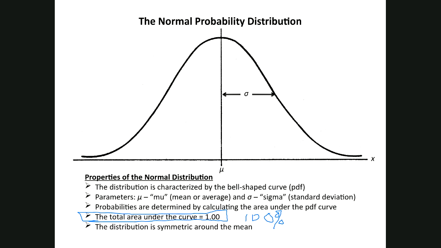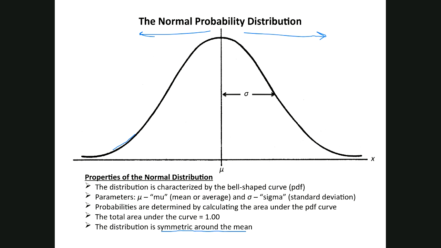And then the next fact, as you can see from the distribution, is that it's symmetric around the mean. And what does that mean? That means that the shape is a perfect mirror image to the left of the mean and to the right of the mean. Those shapes are perfectly identical.